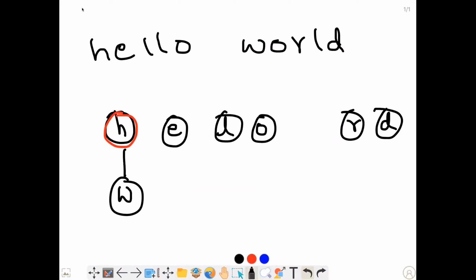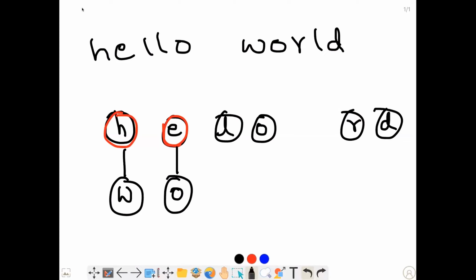Next, we have E and O. The parent of E is E, the parent of O is O. So we form an edge between E and O. The smallest is E. So E will be the leader and O will be in its component. Okay.